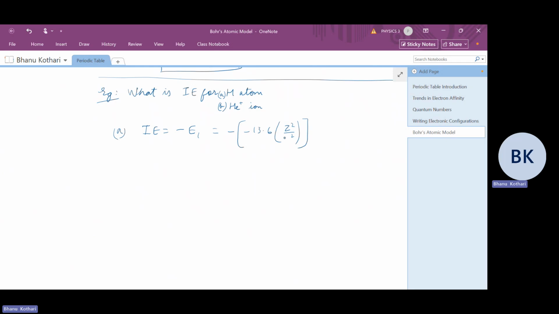And for the first quantum state, n is equal to 1. So 1 square divided by 1 square will be 1, and minus of minus 13.6 will be plus 13.6. So the ionization energy of hydrogen will be 13.6 electron volts per atom. For bringing out the electron from the ground state of the hydrogen atom, we need to provide 13.6 electron volts of energy.